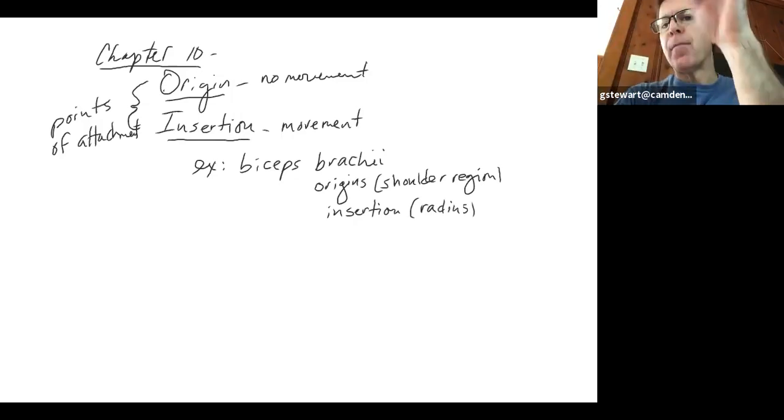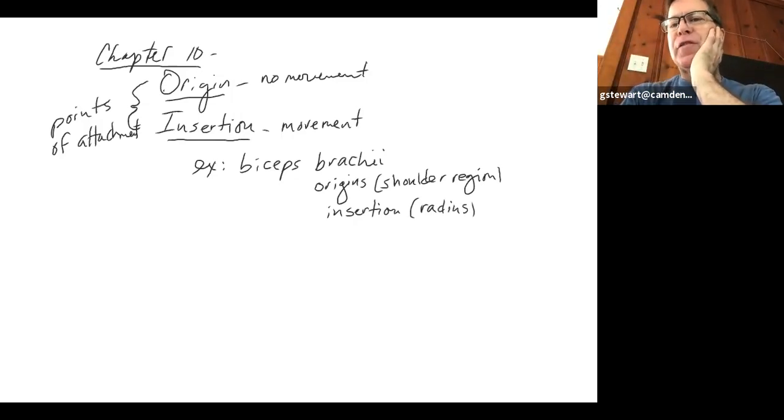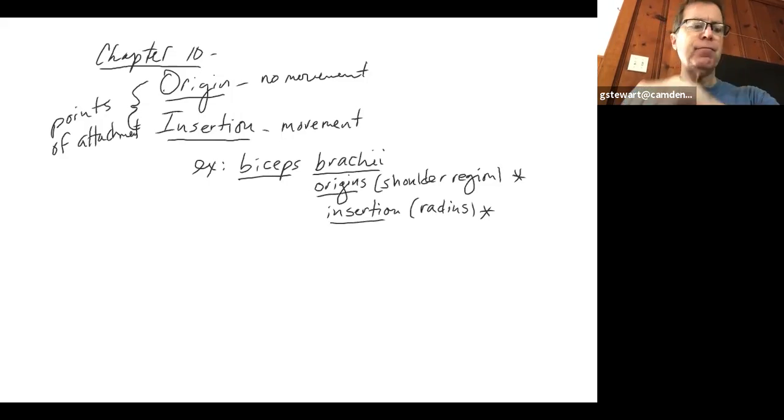This is just an example of what I'm talking about. When we flex our biceps brachii, we make a muscle, we flex our biceps muscle. The movement occurs in the forearm. It's the forearm that moves. Your shoulder does not move when that muscle flexes. So that's a great example of origin versus insertion.